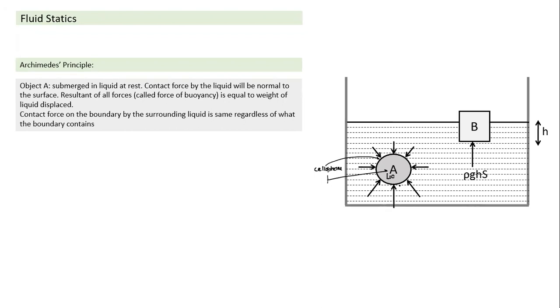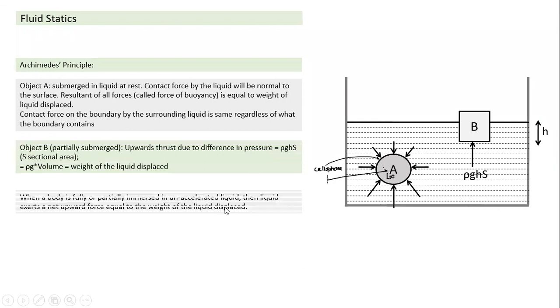So contact force is independent of what is contained inside the boundary. Whether it's a copper ball, an iron ball, or a cellophane of this spherical shape containing liquid, in all cases the force remains the same. The contact force doesn't depend on the nature of the boundary. It depends on the shape of the boundary and the volume it encloses, not what is contained inside.